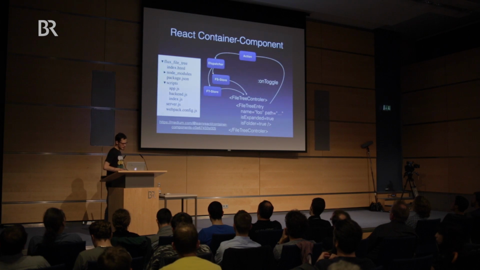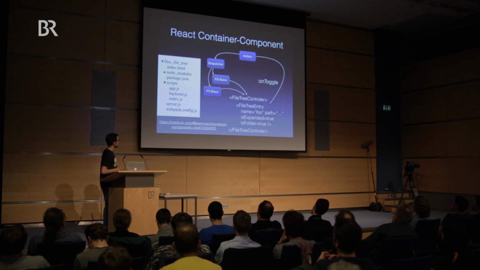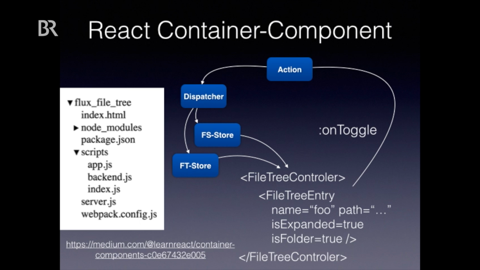The nice thing about this is you can implement it in a way that the binding between the stores and the view is decoupled. What I did in the implementation, following this Medium blog post by Learn React, is this idea of React container components. As we saw before, in React you have the components, which are like HTML, and then we have an outer file tree controller, and inside we have the file tree entries.